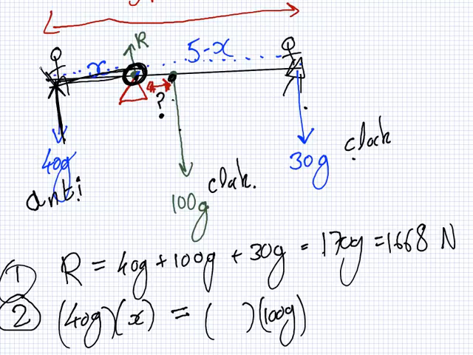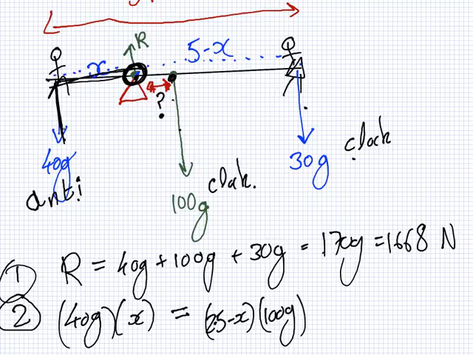What's the distance from here to here? 2.5. What's the distance from here to here? x. So therefore, x minus 2.5. Why is it 2.5? The weight is in the middle. It's the center. Yes. Okay.